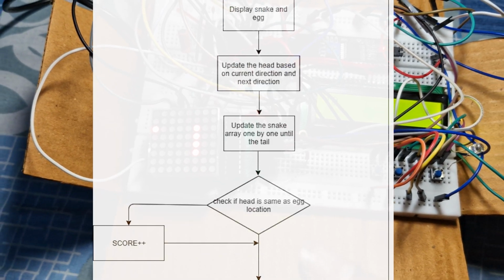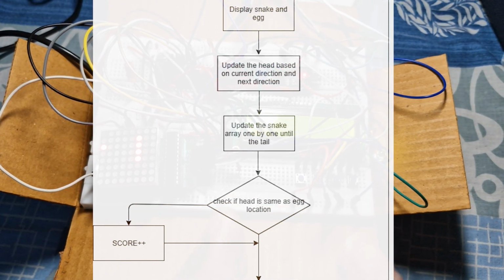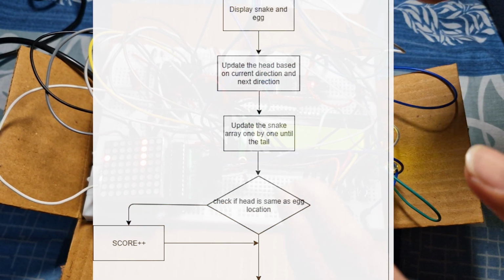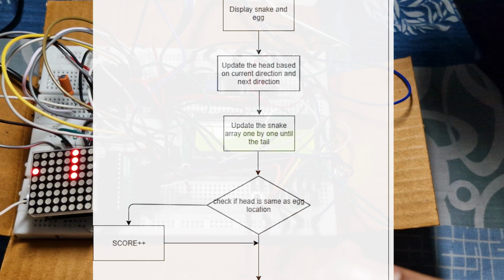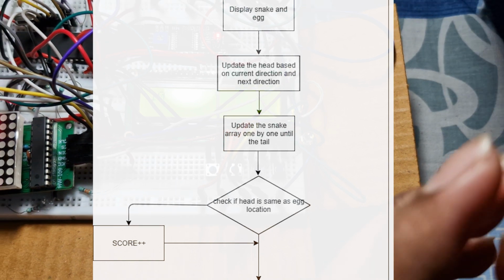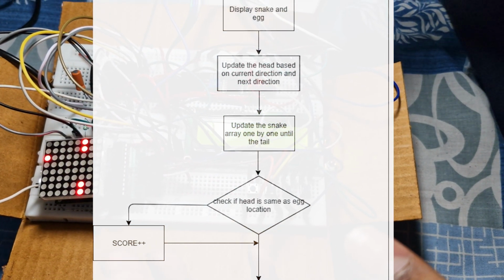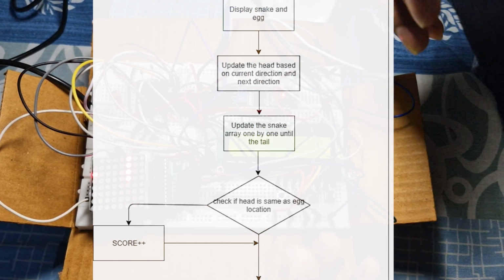After this, we update the head based on the current direction and the next direction, which we determine using the button pressed on the breadboard. Then we update the snake array one by one until we reach the tail.